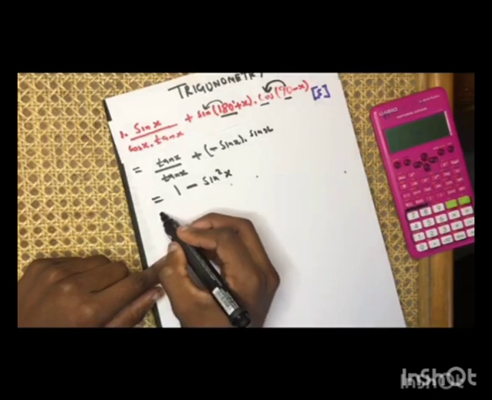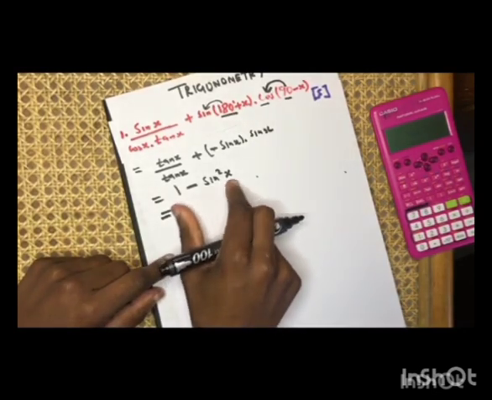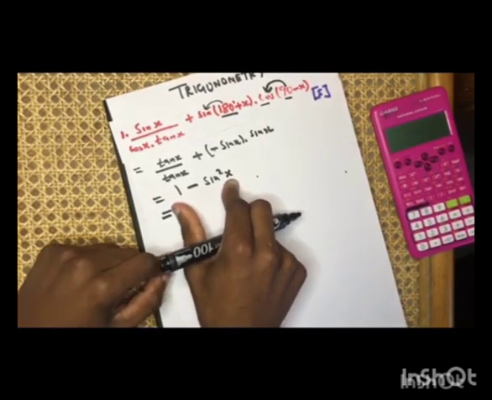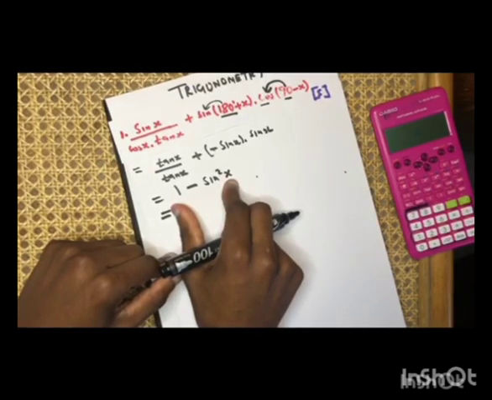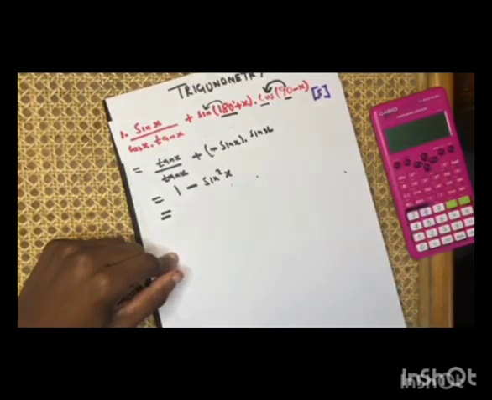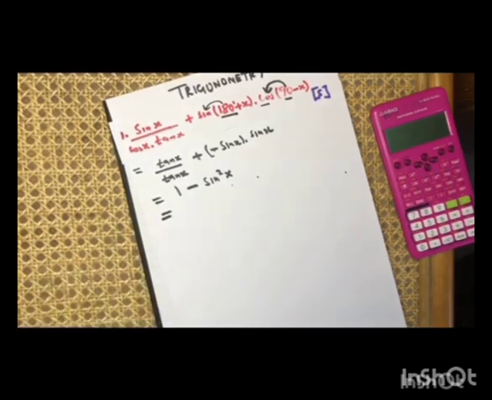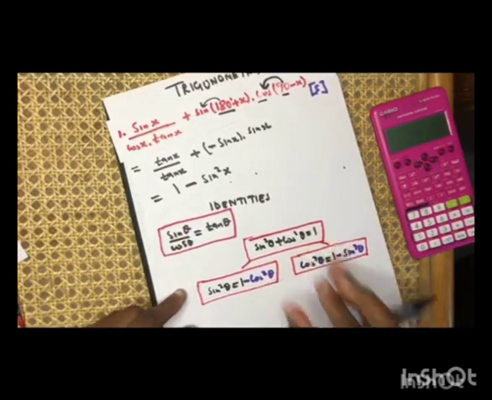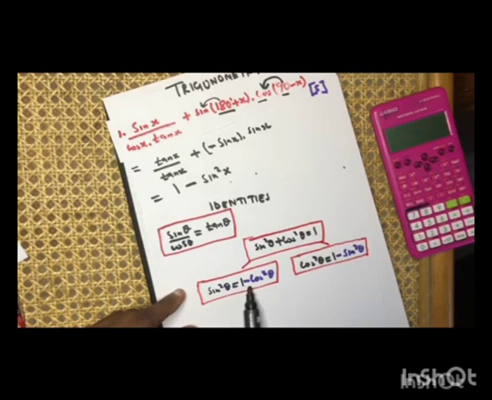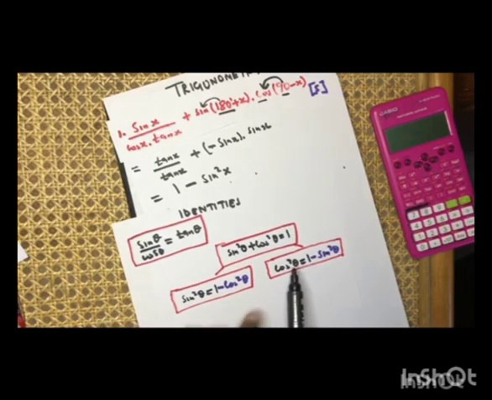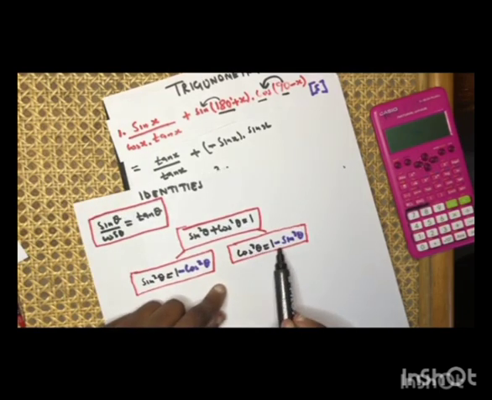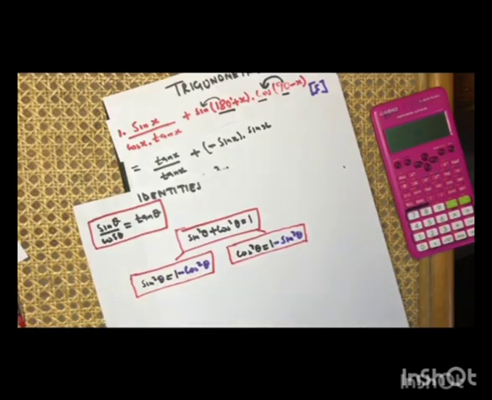Are you done? No. Remember your square identity. We said that sine squared plus cos squared is equal to 1. We said that sine squared theta is equal to 1 minus cos squared, and also cos squared theta is equal to 1 minus sine squared.